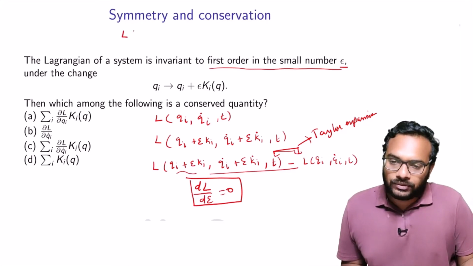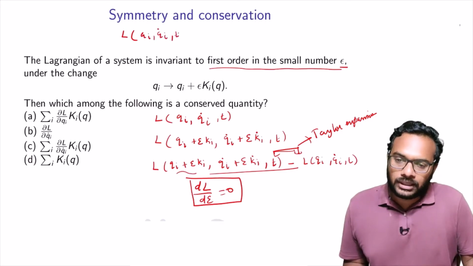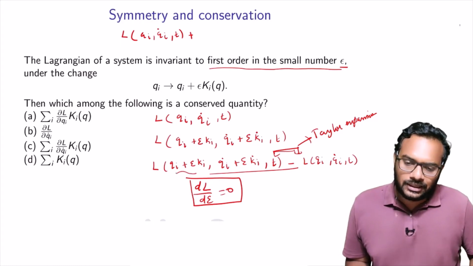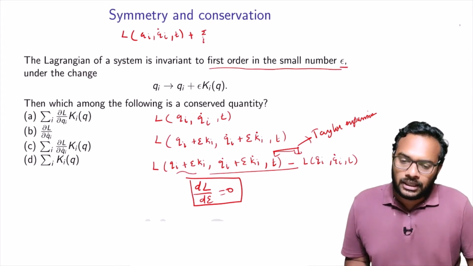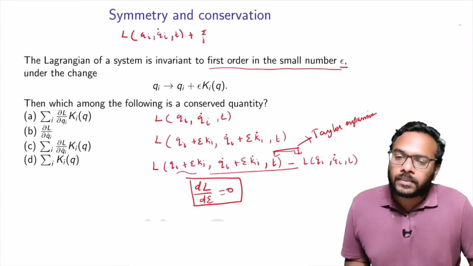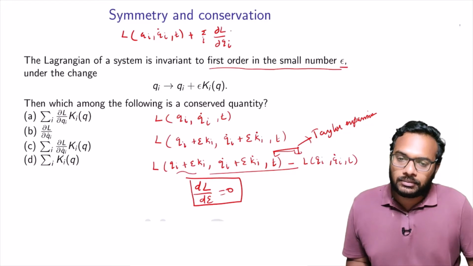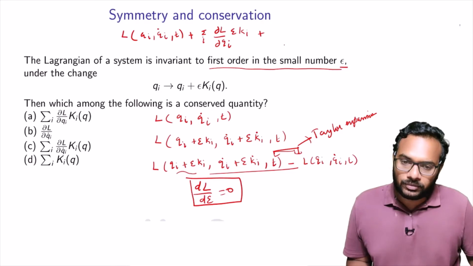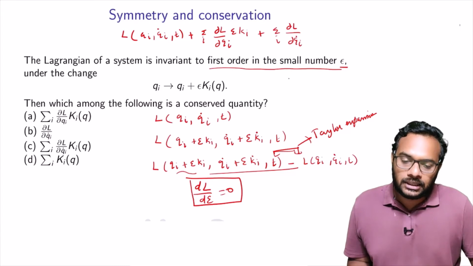If you make a Taylor expansion of this, this would be L of qi, qi dot, t, plus, since there are n coordinates here, a summation over i of ∂L/∂qi multiplied by epsilon ki, plus there's also a term from here, so a summation over i of ∂L/∂qi dot multiplied by epsilon ki dot.